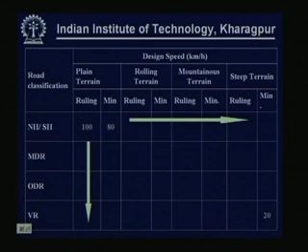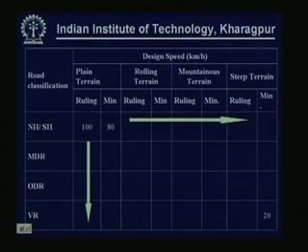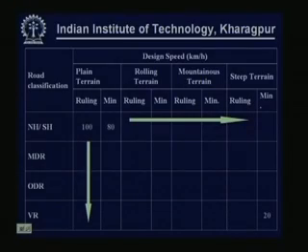So, an attempt should be made to design the facility as far as possible based on the ruling speed, but in difficult conditions where it is practically difficult to achieve the ruling design speed, one can go up to the minimum design speed. But under no circumstances should we go below the speed specified under minimum design speed.